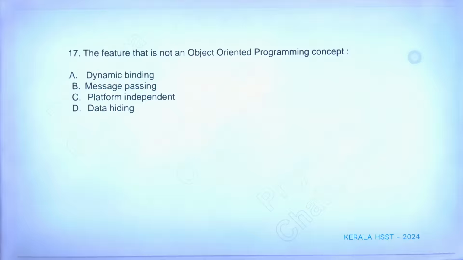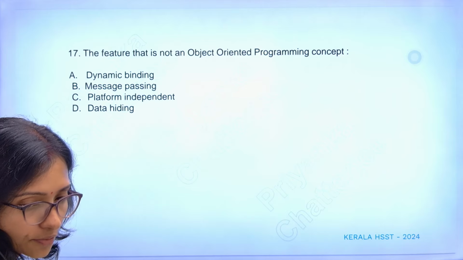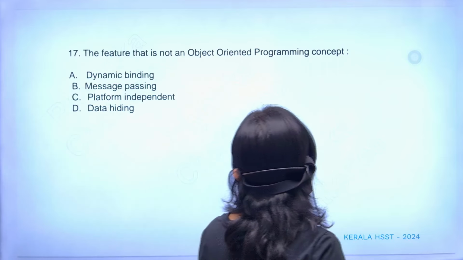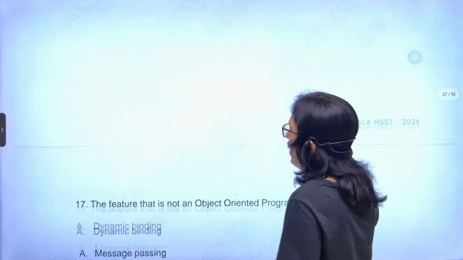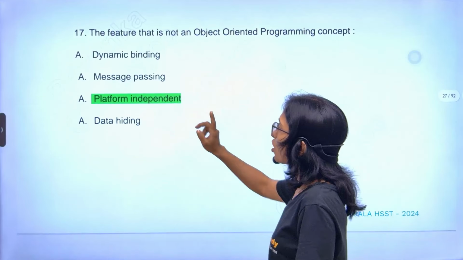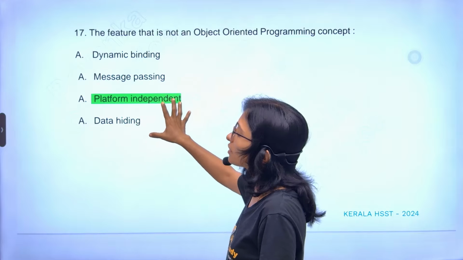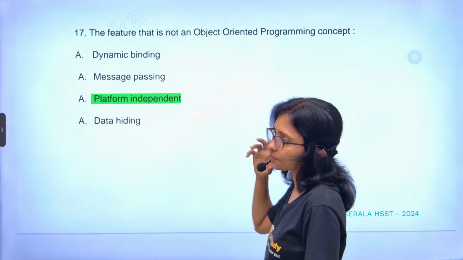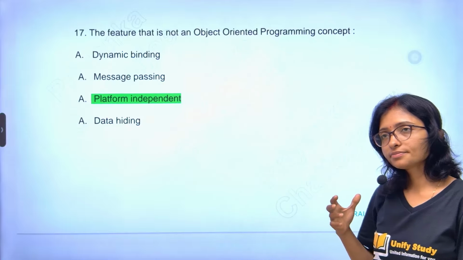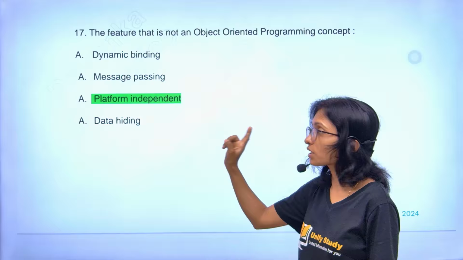The feature that is not an object oriented programming concept. Here most of you are getting confused. You will think that all are features. Platform independent is not a feature. It is one advantage. It is not a feature.